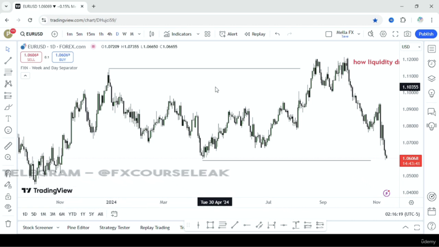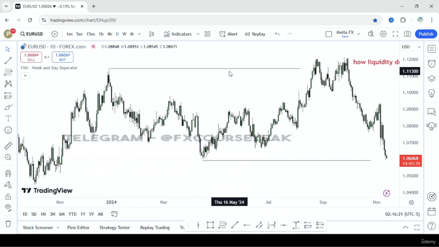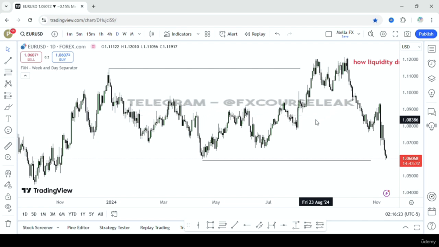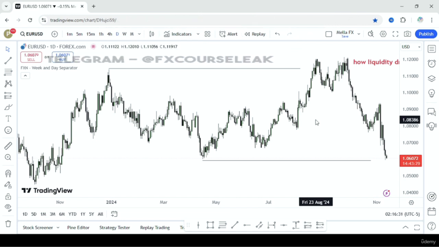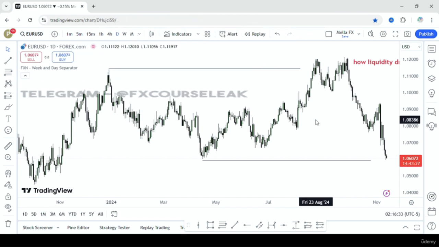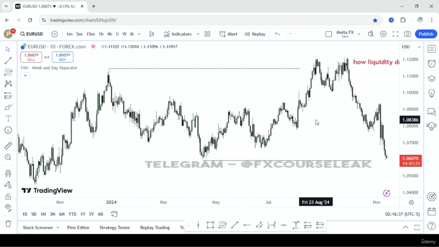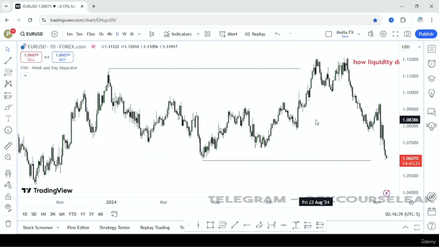For example, if we are selling in that particular market, then maybe during the Asian or the London session, the market has to come for an area of liquidity before it moves to the opposing sell side liquidity.